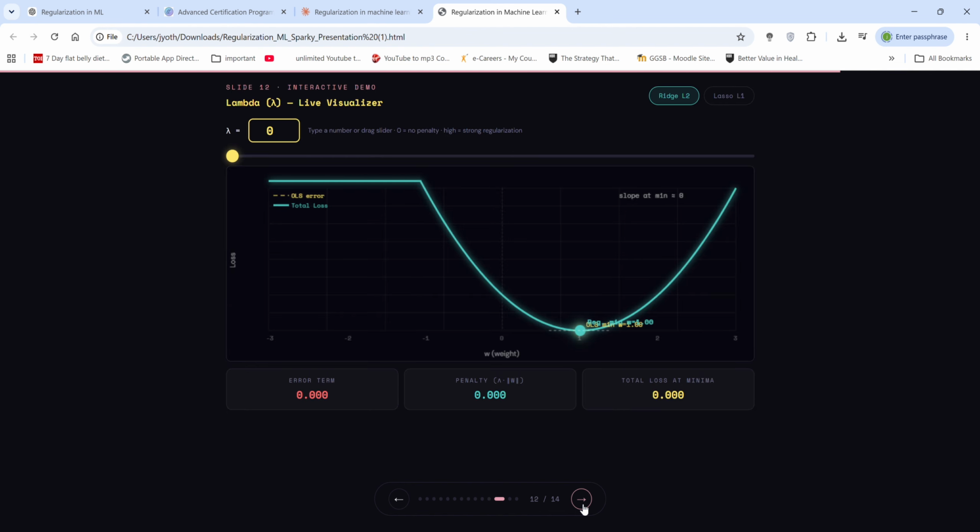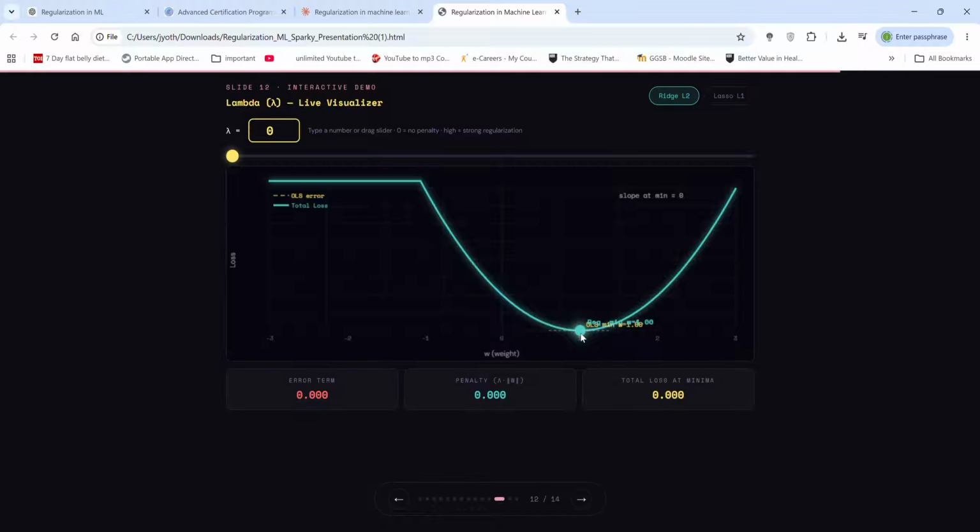Okay, now we have a live visualizer. Here the lambda is 0, and this green point on the screen is called the global minima, which we have already seen in gradient descent in the regression model.